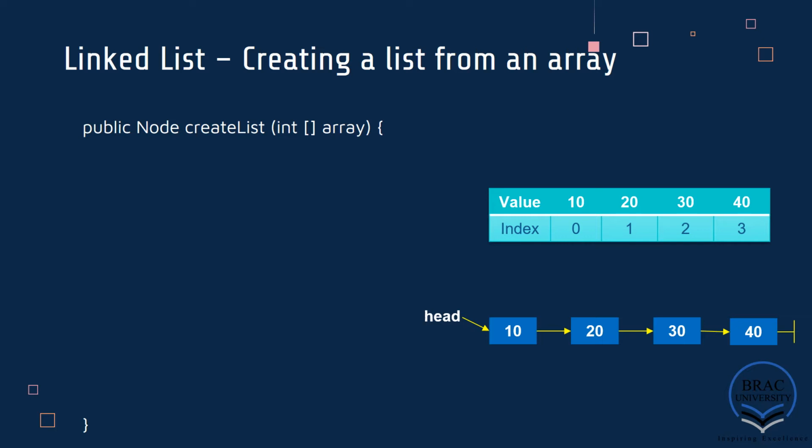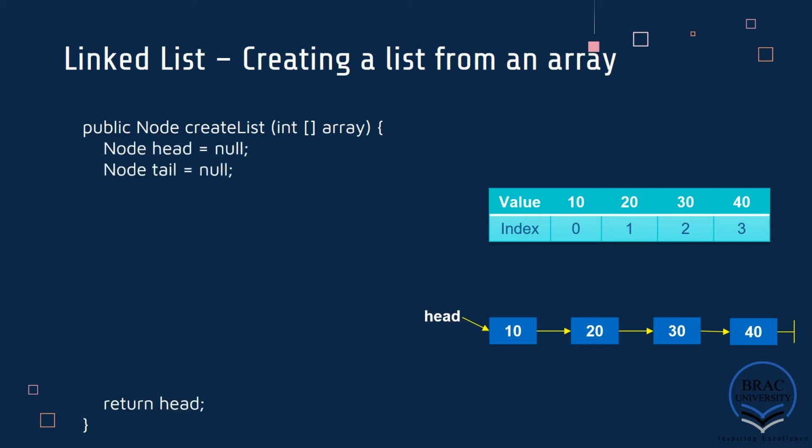I have to iterate the array, create the nodes, and also track which node I have created so far so that I can link the new node with the created node.